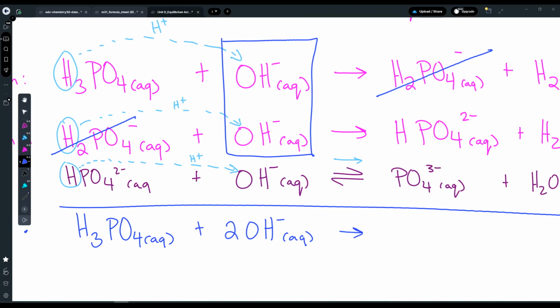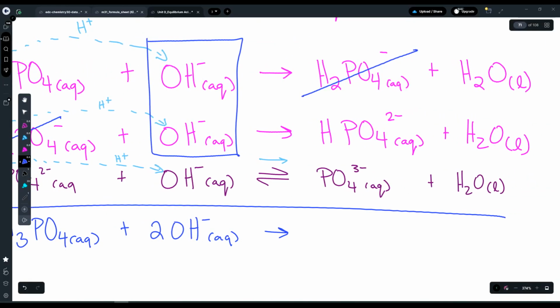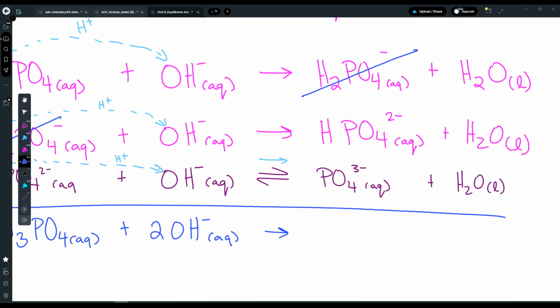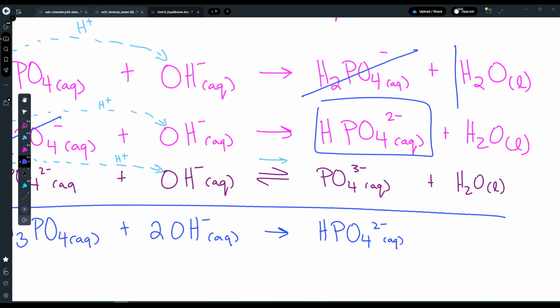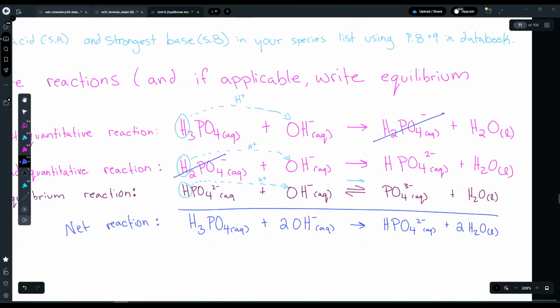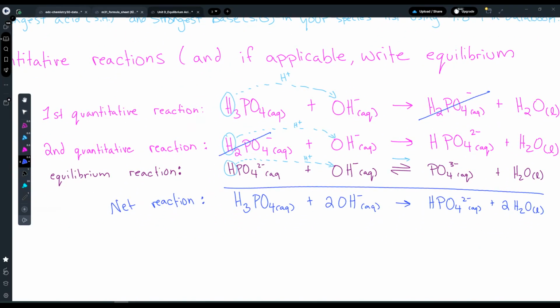Since we're doing the net reaction of the quantitative reactions, that's why I'm using a quantitative arrow. Then I'm going to move on to the products. It looks like I have one hydrogen phosphate ion, and then I have 2 moles of water. Now the net reaction is done.